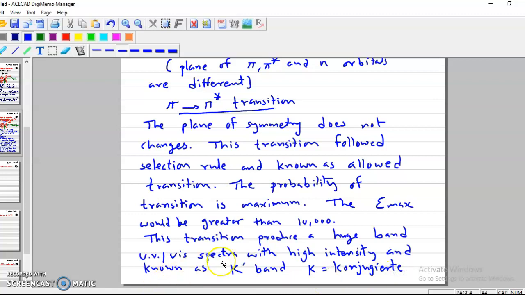So normally pi to pi star transitions produce the K band. Why? Because this transition is an allowed transition.